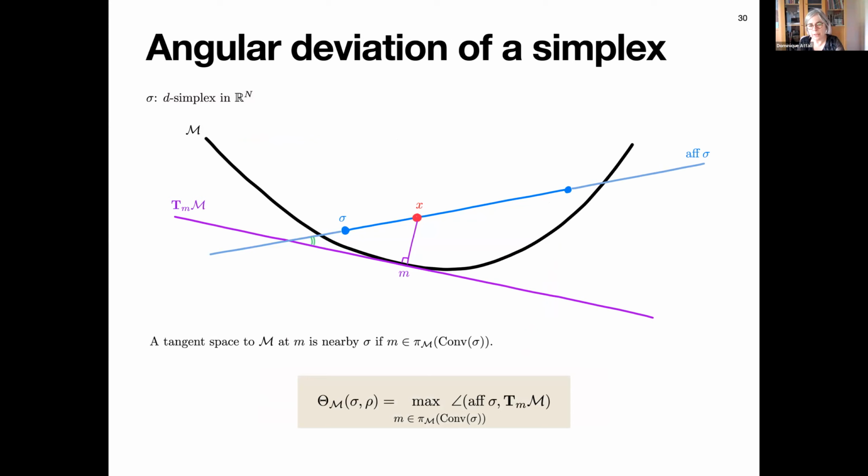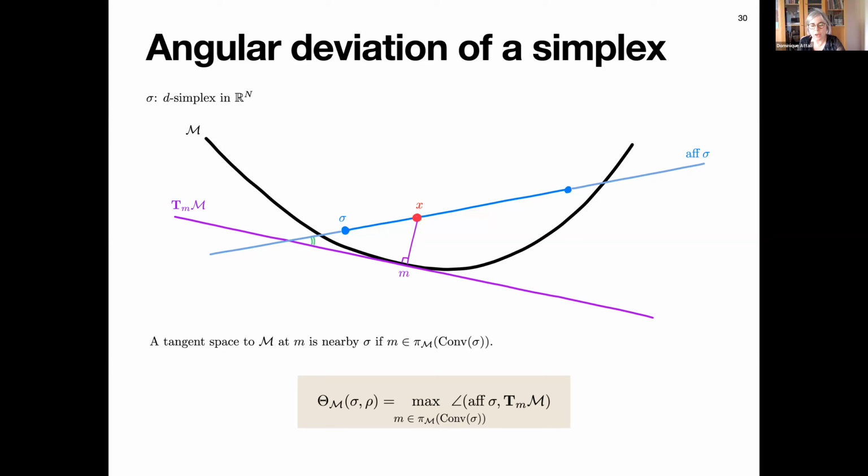Precisely, given a point M on the manifold, the tangent plane passing through M is nearby the simplex sigma if M belongs to the projection of sigma onto the manifold.